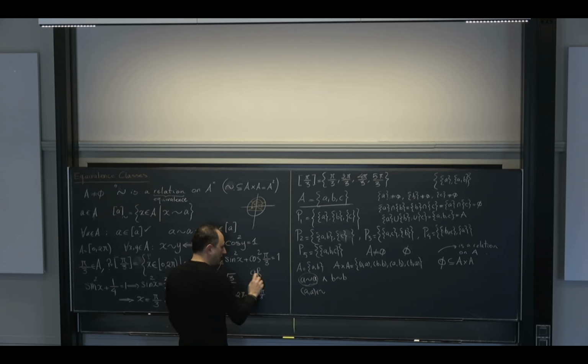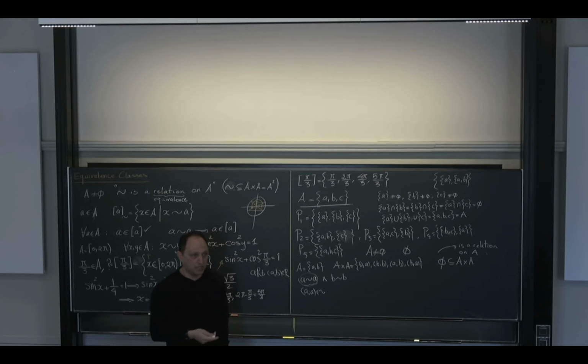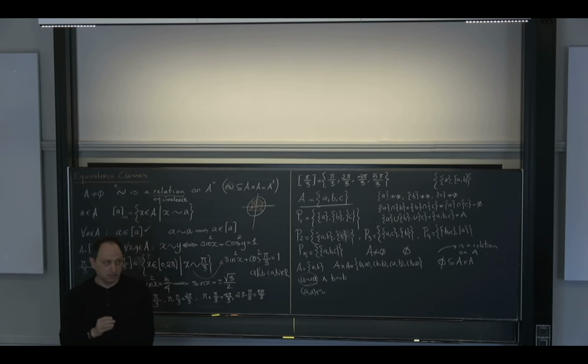When you write A related to B, it means A and B belongs to R. So when I say A and A are related, it means A and A should be within my relation. But you yourself say that the relation is empty, so nothing is there. So it cannot be reflexive. Is that right? It doesn't contain anything.